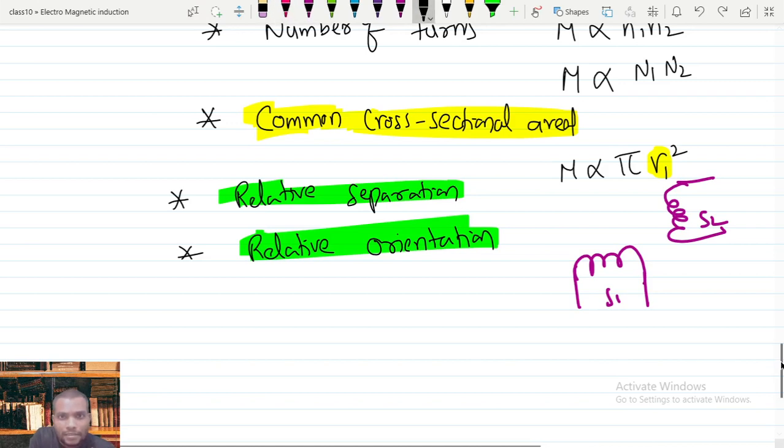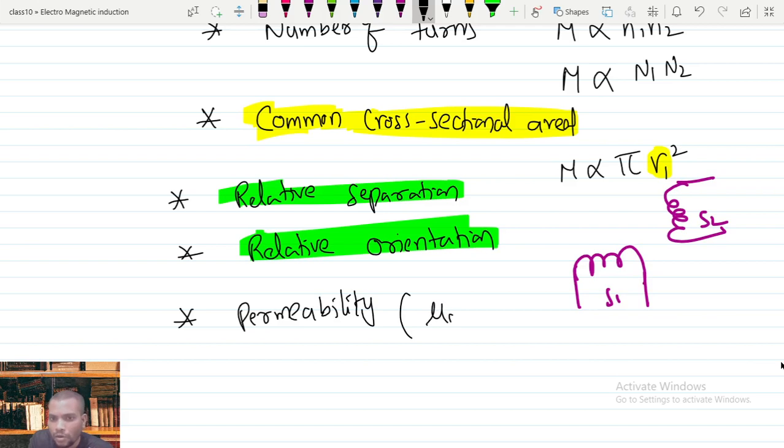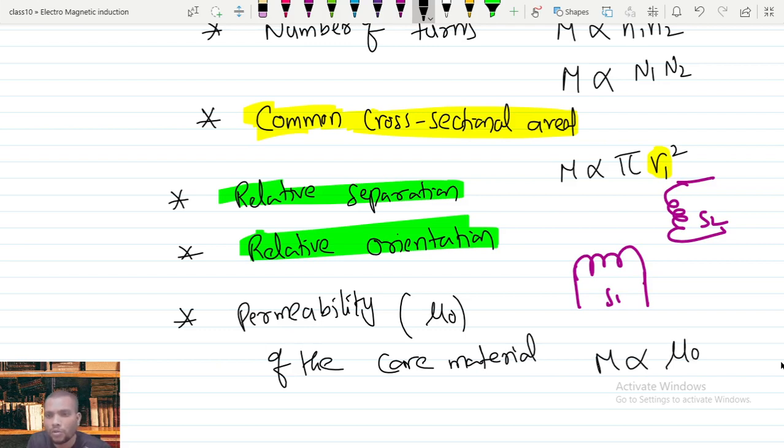And above that, the mutual inductance is directly proportional to the permeability mu naught of the core material, because M is directly proportional to mu naught.